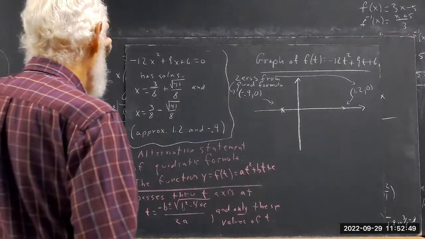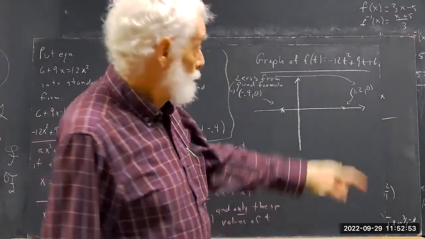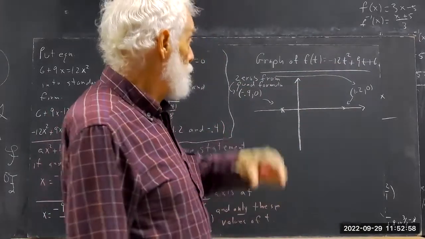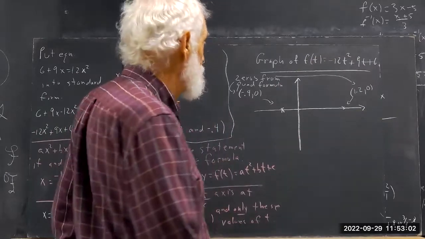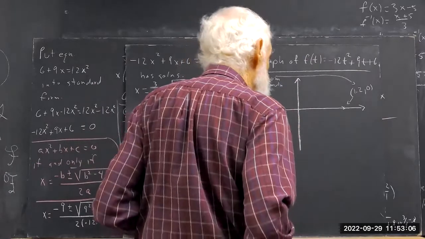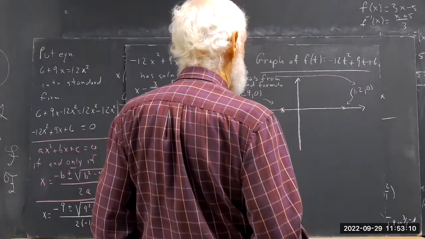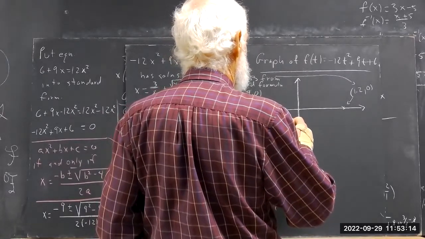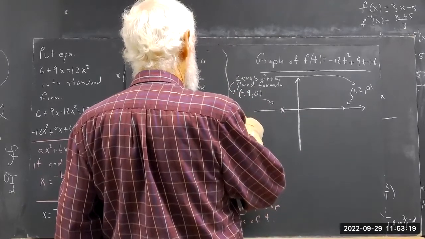So I asked, what do we call the points we get when we substitute 0? Well, that's going to give us the point 0, 6, right? X is 0, y is 6. I don't have a good place to label it because I didn't leave myself enough room.